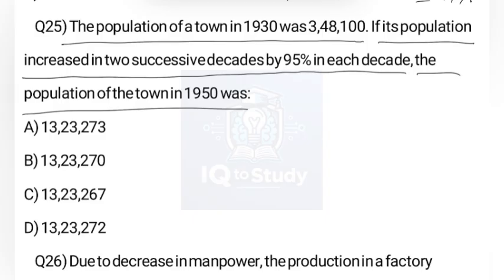They have mentioned two successive decades, meaning 1930 to 1950.